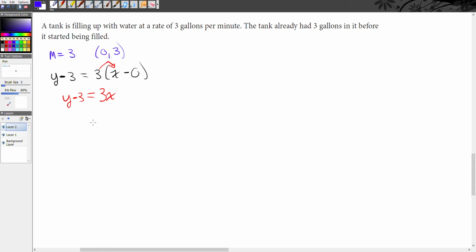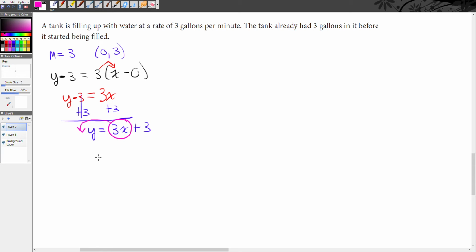To convert this to slope-intercept, I'm just going to add 3 to both sides. And my equation is y equals 3x plus 3. Then finally, to put this into standard form, again, we want to move our x term from the right side to the left.